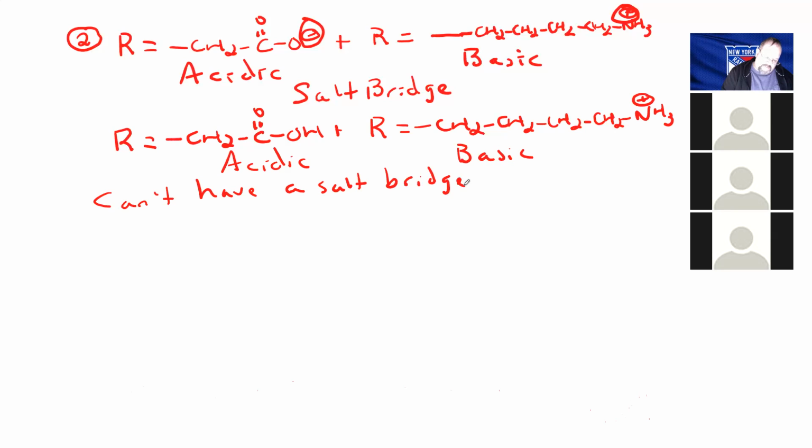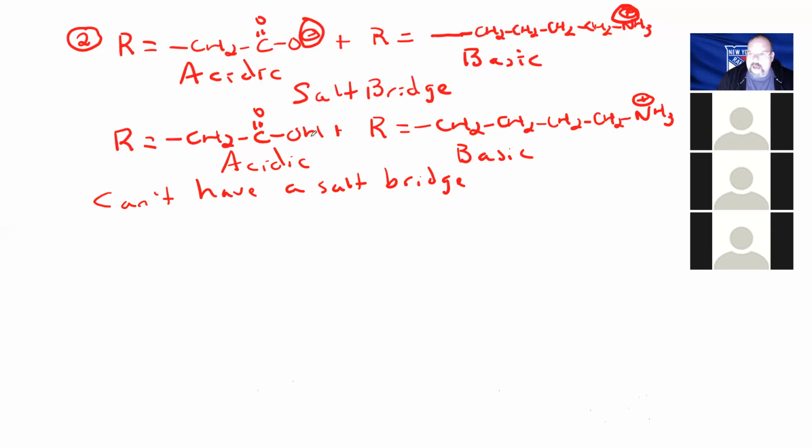Why is that the case? Well, in the carboxyl group, the single bond oxygen has a hydrogen attached to it. So it doesn't have a full negative charge. It does have a partial negative charge, but not a full negative charge. And therefore, a salt bridge cannot occur because you need to have an ionic bond to have a salt bridge. An ionic bond results from ions, no partial charges, full positive, full negative.